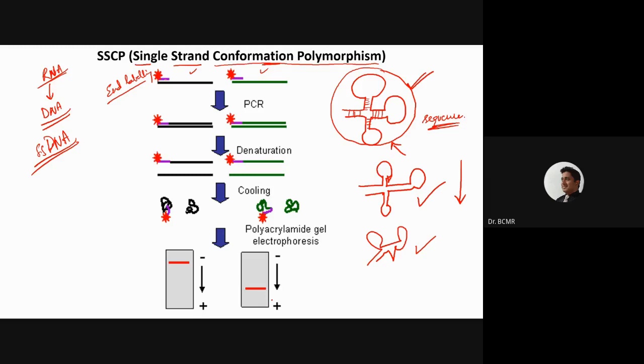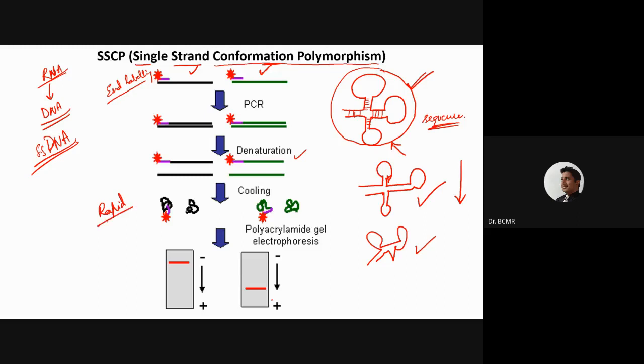So you have end labeled a primer, and you allowed PCR for a normal one and say a mutated one. And then you have generated the PCR, and you would have denatured it. And then you allow rapid cooling. Here the cooling should be rapid.